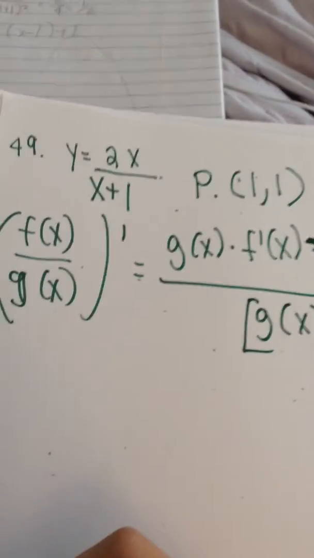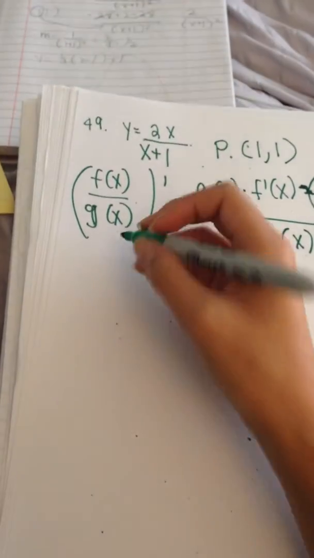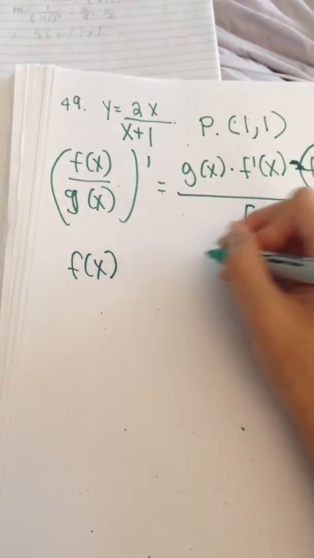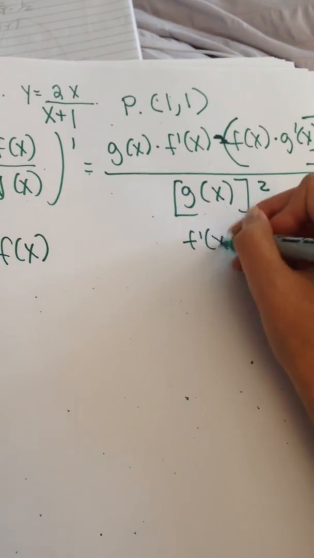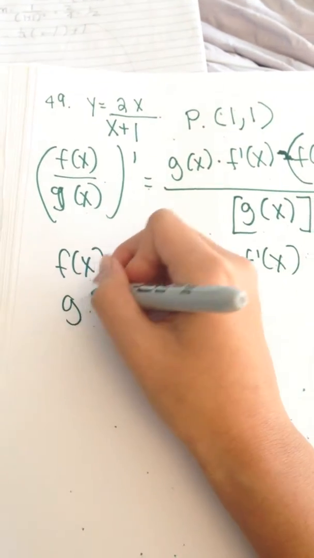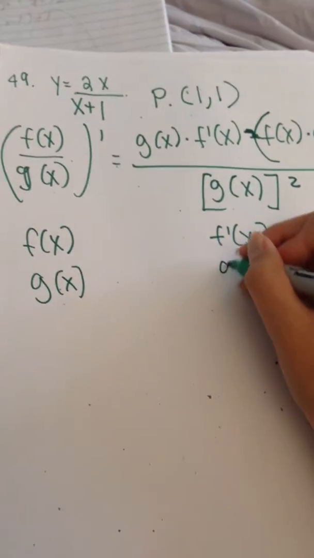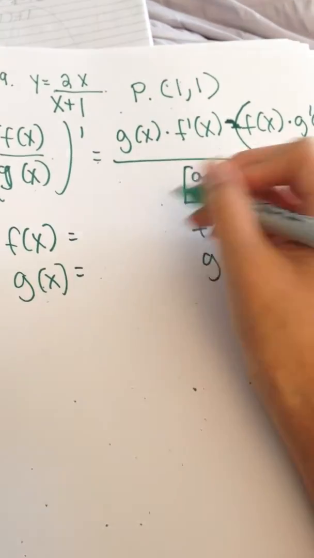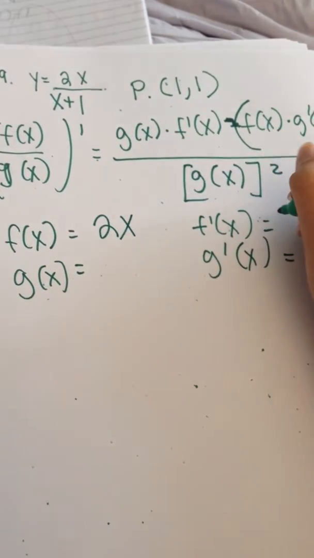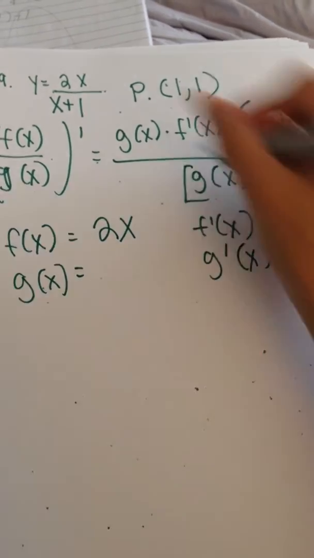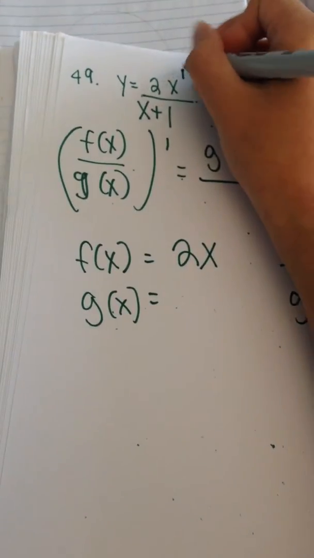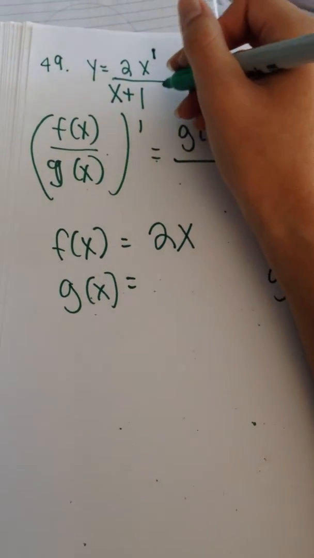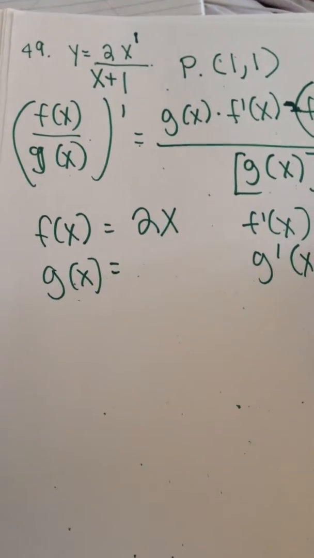Okay, so we're going to take this equation and first find what f of x is, what the derivative of f of x is, what g of x is, and the derivative of g of x. f of x is 2x. The derivative of 2x: since x has a power of 1, you drop the 1 and the x, so it's going to be 2.